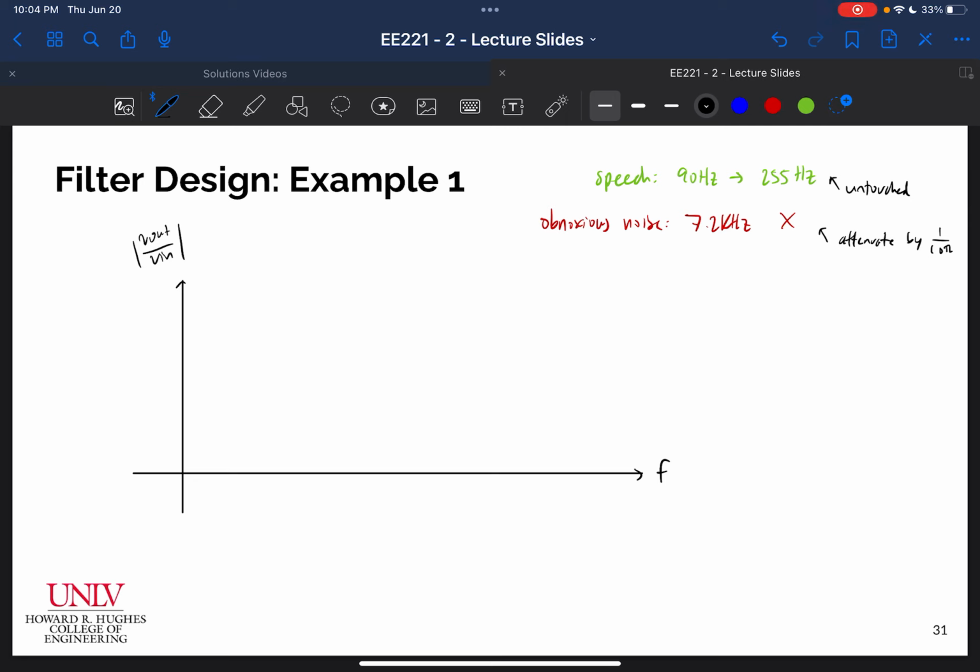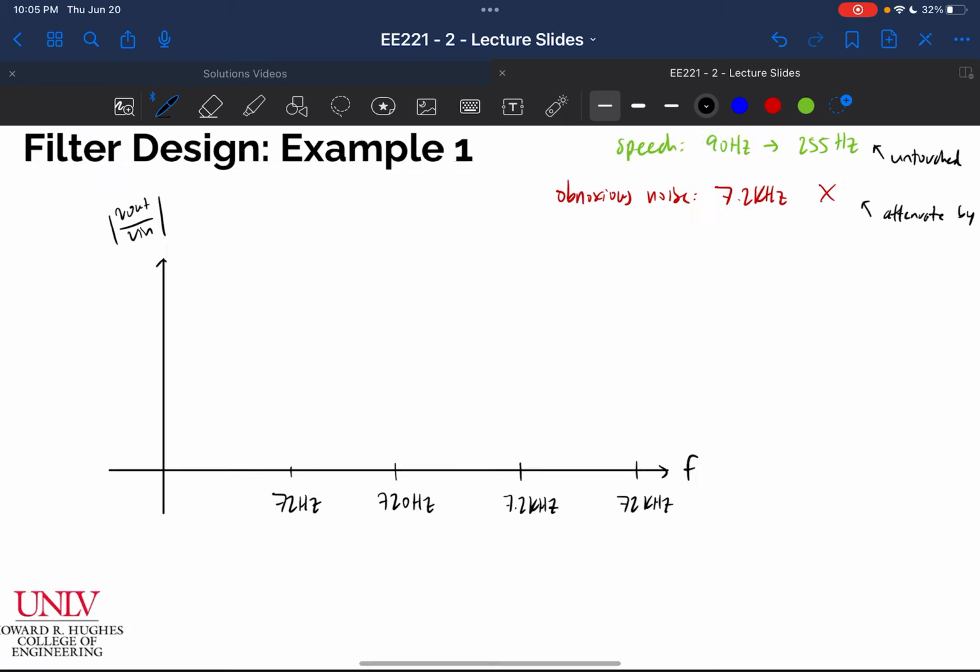Okay, so what we want is, let's put 7.2 kilohertz right here. We can put 72 kilohertz here. We can go down a decade and put 720 hertz. Down another decade and put 72 hertz. And yeah, that looks pretty good.